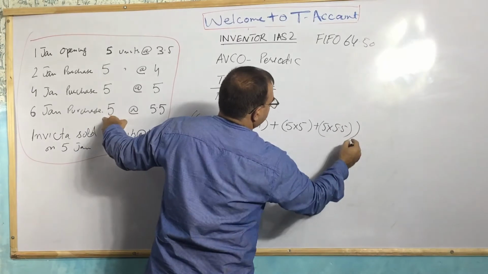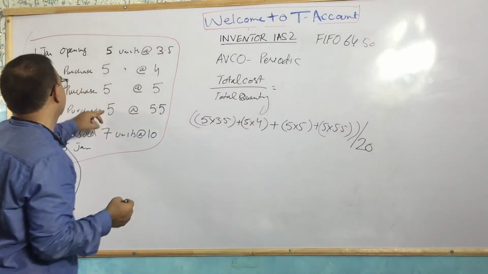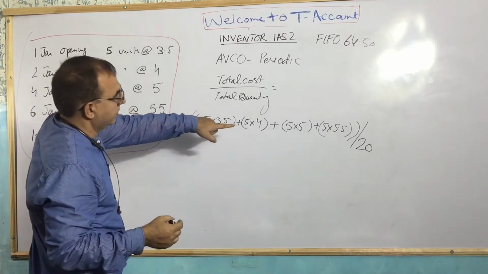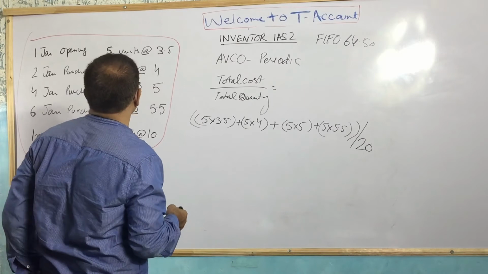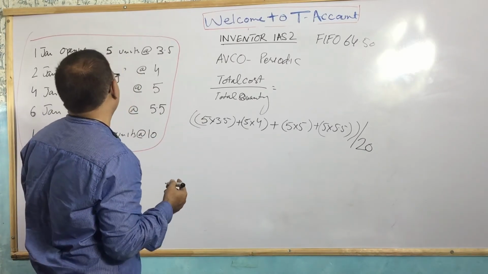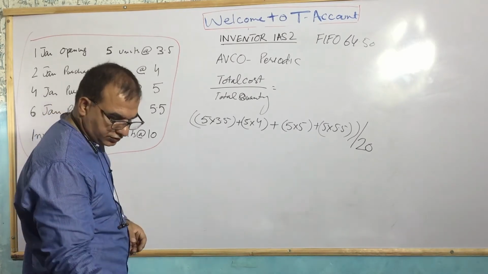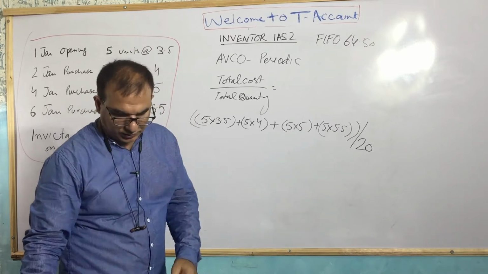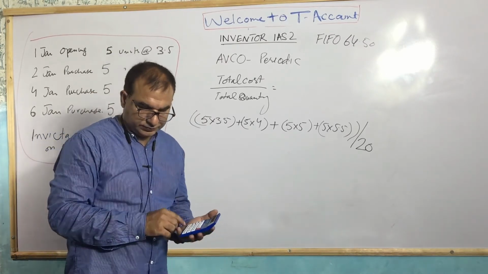Now divide it by total units, which is 20. The total value of the purchases and opening inventory, divided by the total number of units. What will you get? Use calculator, don't depend on me.